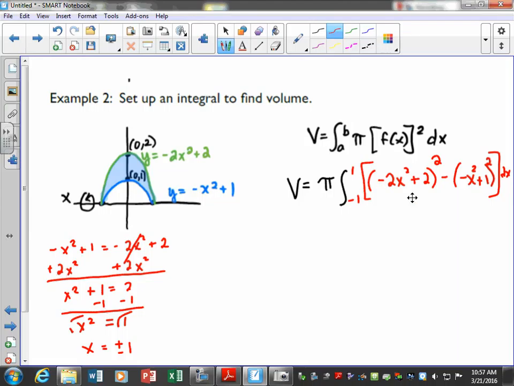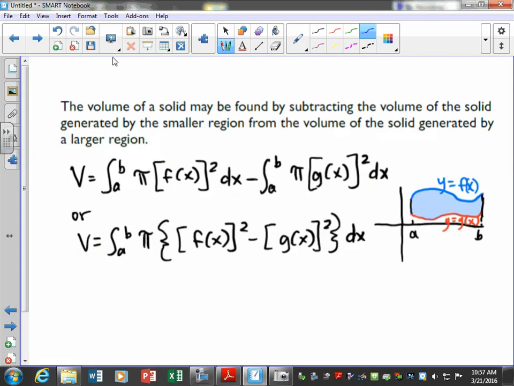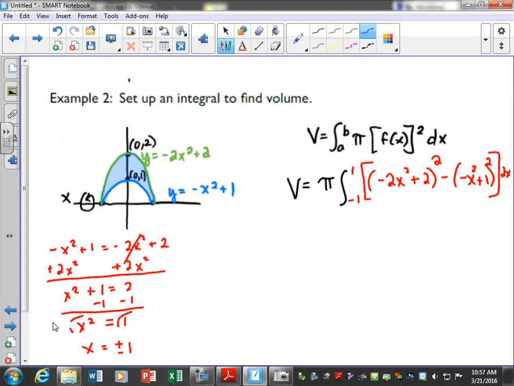This was our f of x, and then we need to take this formula right here and change it. So f of x squared minus g of x squared, because we have two functions, dx.